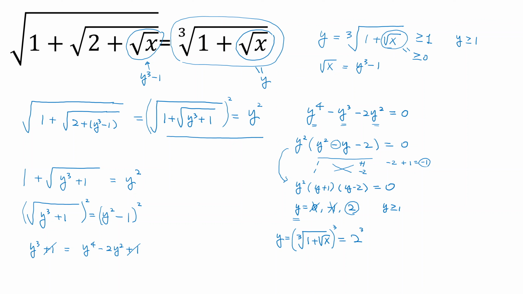So the left hand side becomes 1 plus square root of x. The right hand side should be 8. Square root of x becomes 7. So from here, my x should be 7 to the power of 2, or 49.